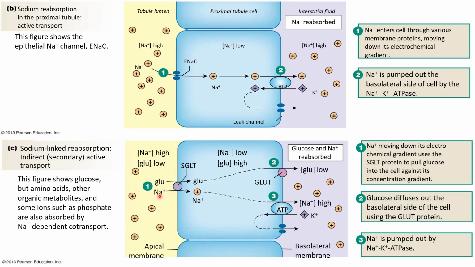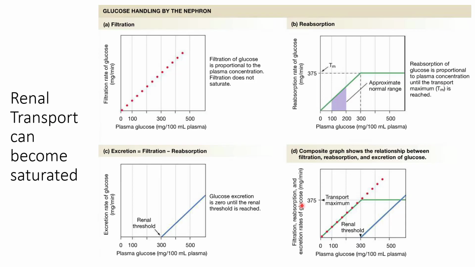We can utilize that to bring low concentrations of glucose into areas where there's a high concentration of glucose. So this is how we would reabsorb glucose. We use the secondary sodium glucose transporter. We then use the GLUT transporters to move from high to low, and again the sodium potassium pump to move it from low to high.